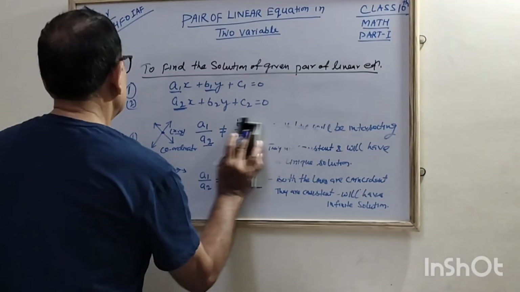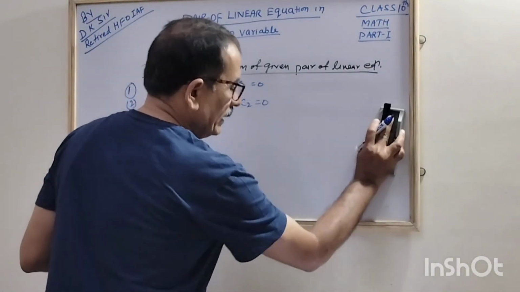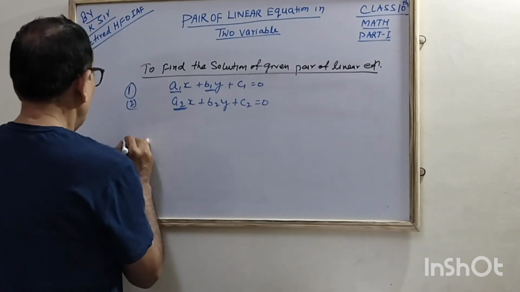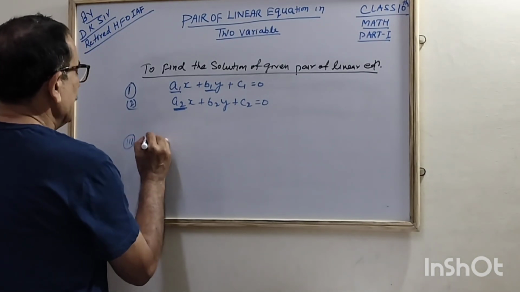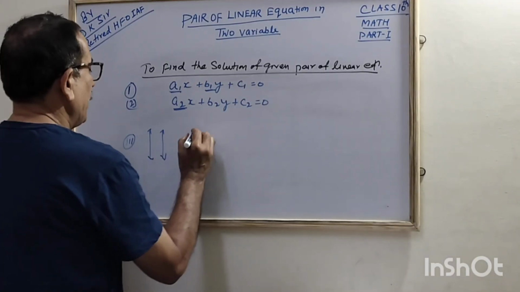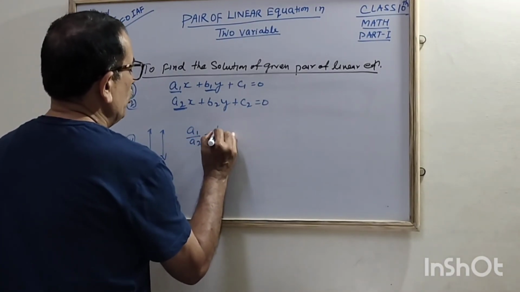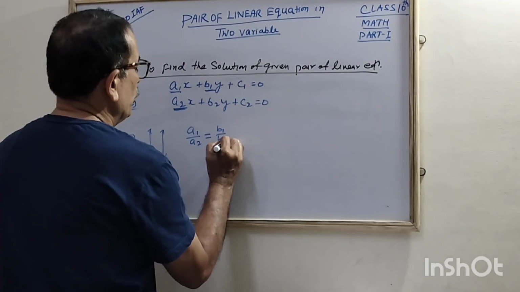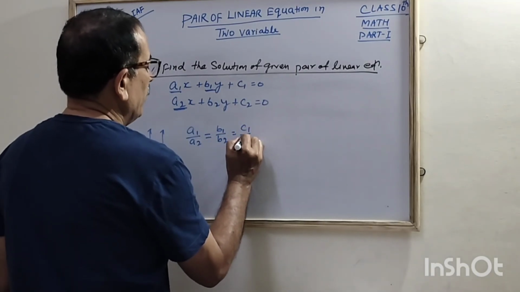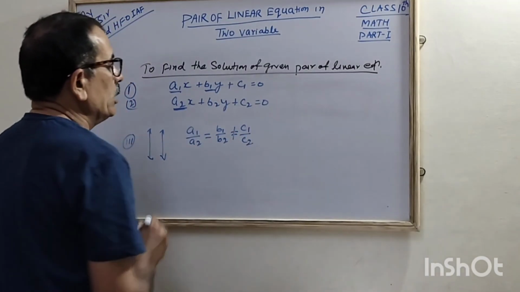The third case is when both the lines are parallel. When it happens that they are parallel, you find that a1 by a2 is equal to b1 by b2, is not equal to c1 by c2.